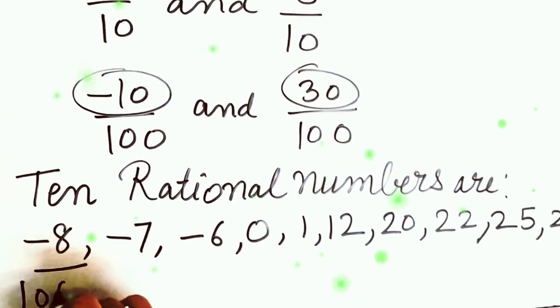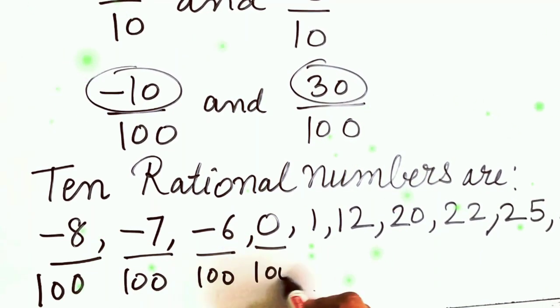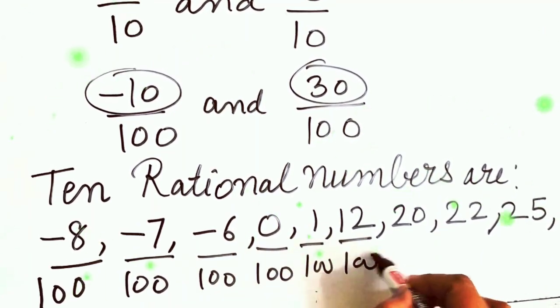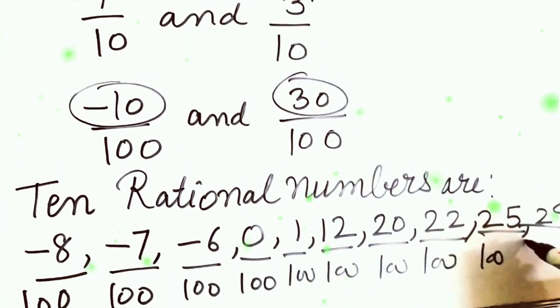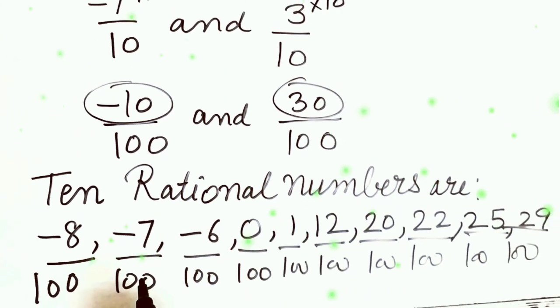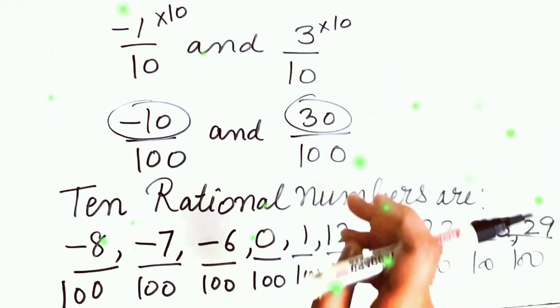And you can simply write the denominator as 100, and here come your 10 rational numbers. Okay, so these are the 10 rational numbers between -1/10 and 3/10.